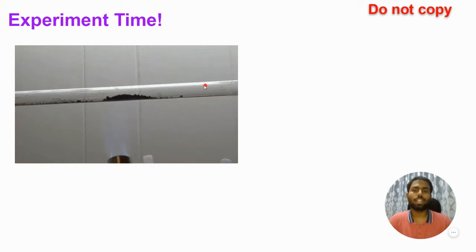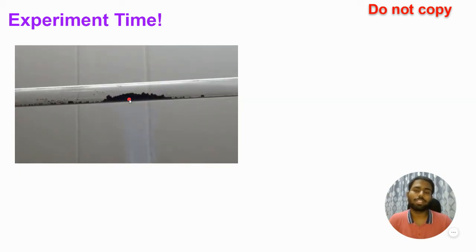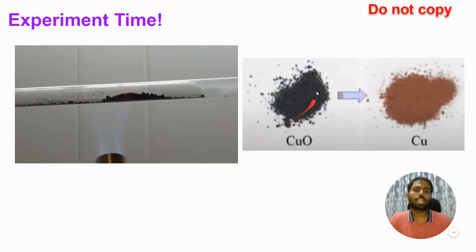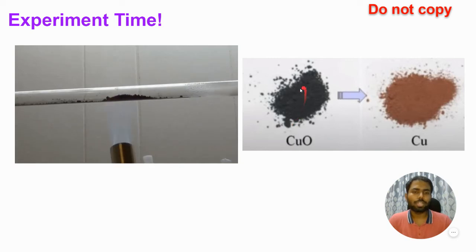Okay, and if you continue this reaction for a little longer, what you're going to observe is copper oxide powder gets converted into pure copper. Okay, pure copper का color हमें पता है, right? It is brownish or golden color. So you get pure copper again.